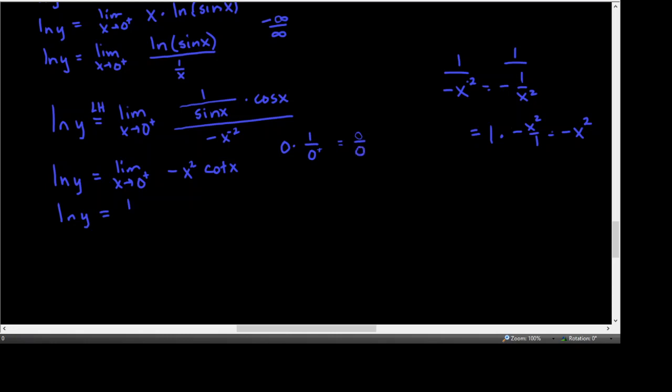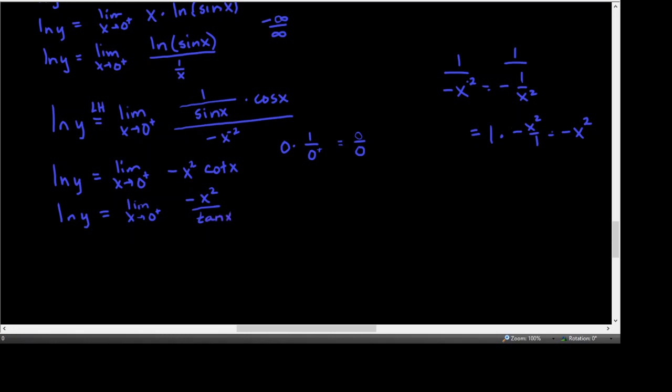But I'm thinking that you don't like cotangent as much as I dislike it as well. So what I'm going to do is rewrite that cotangent as 1 over tangent, because those are reciprocals. And now I'm a lot happier.